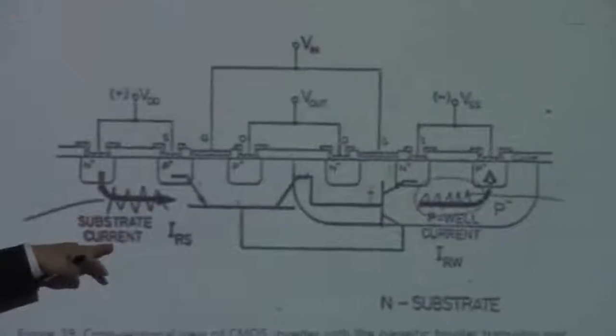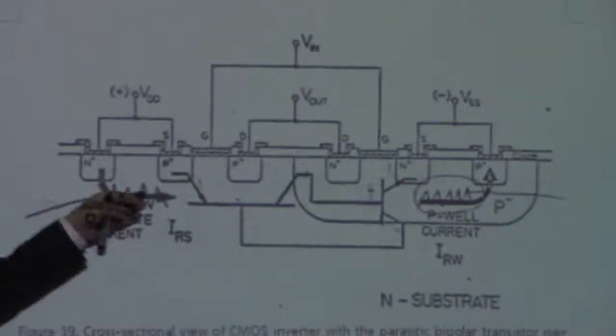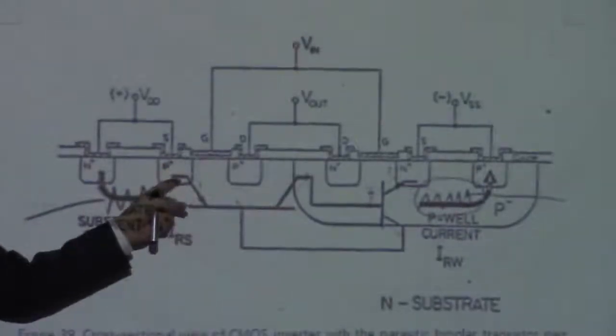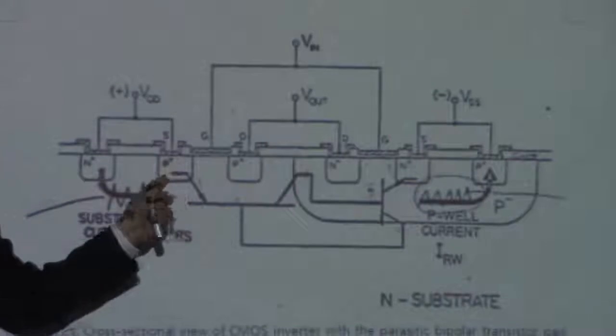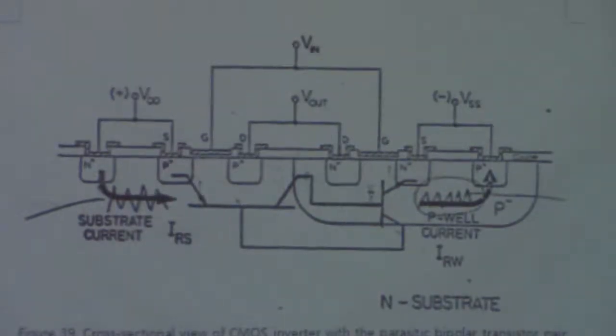The REP is the resistance of the emitter here, which is the P plus implantation, P plus resistance. So that is a different thing, right?